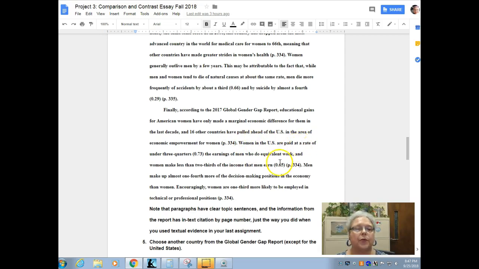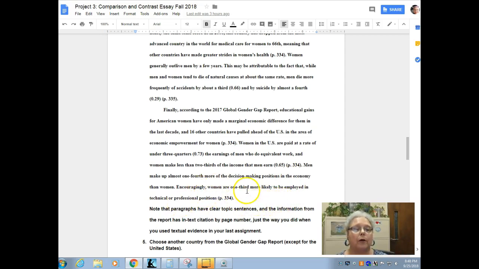Women in the United States are paid at a rate of under 3/4 the earnings of men who do equivalent work, and women make less than 2/3 of the income that men earn. And that came from page 334 also. Men make up almost 1/4 more of the decision-making positions in the economy than women.